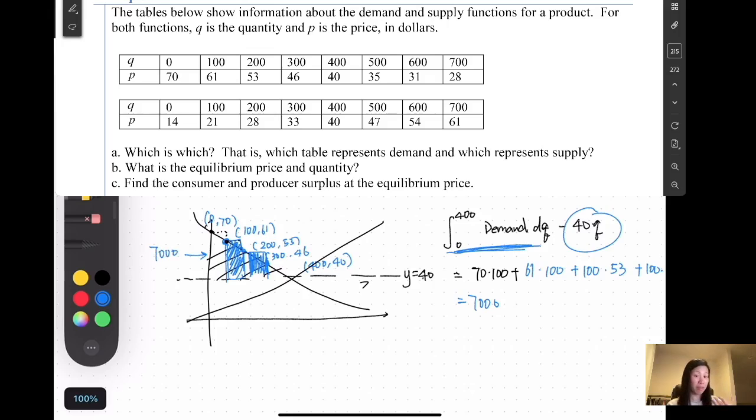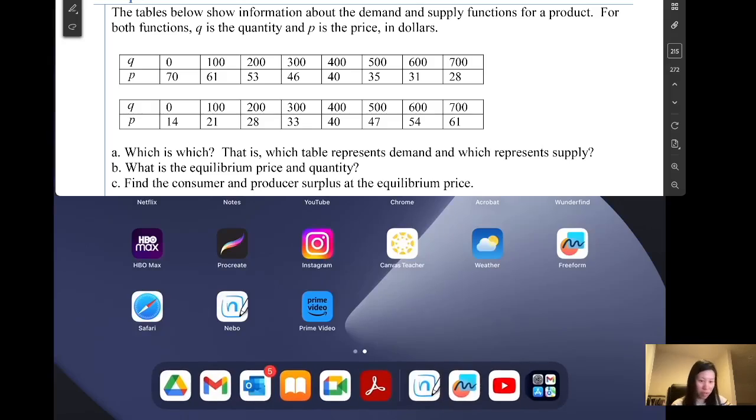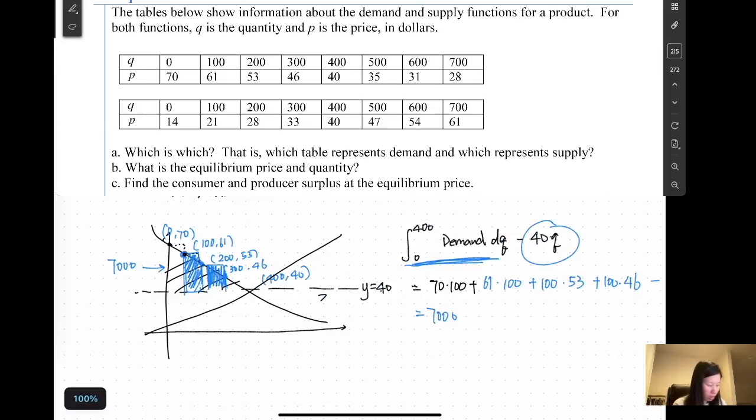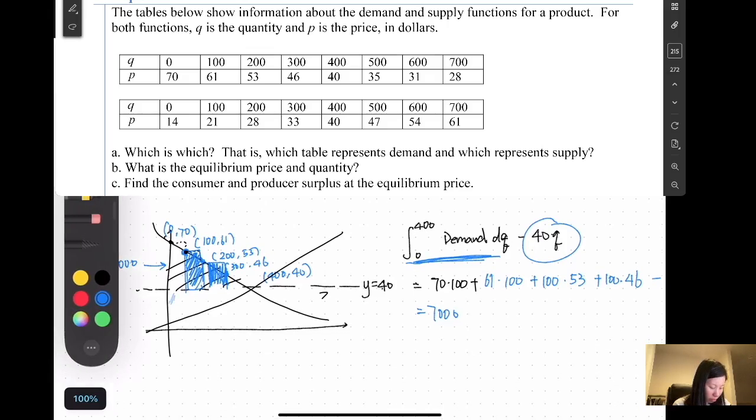But this is approximate, because if we use either the left endpoint or the right endpoint, we only get an approximate result. So we use a similar process to calculate the producer surplus. The producer surplus is going to be this area. And again, we can use either the left endpoint or the right endpoint to calculate that.